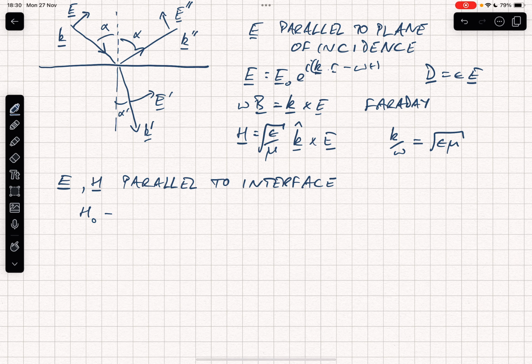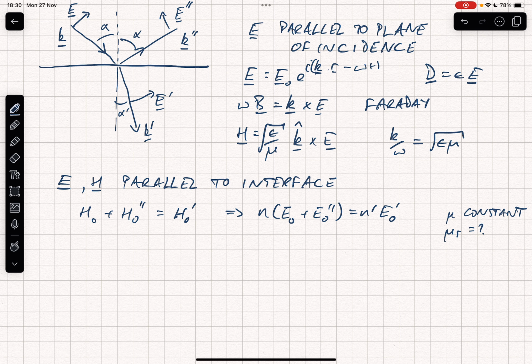So we can say that H0 plus H0 double prime must equal H0 prime at the interface, and that implies that n times (E0 plus E0 double prime) must equal n prime E0 prime, assuming mu is constant, and generally we assume that mu r is equal to 1.